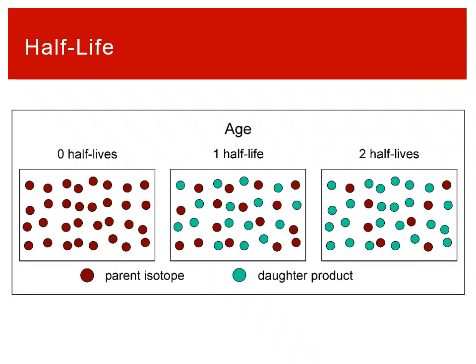So we started with some number of parents, and after 1 half-life, half of those parent nuclei have become the daughter product. Then after the second half-life, it's not that the other half is gone, but instead, half of the red nuclei at the 1 half-life time mark have now been converted into the daughter product.